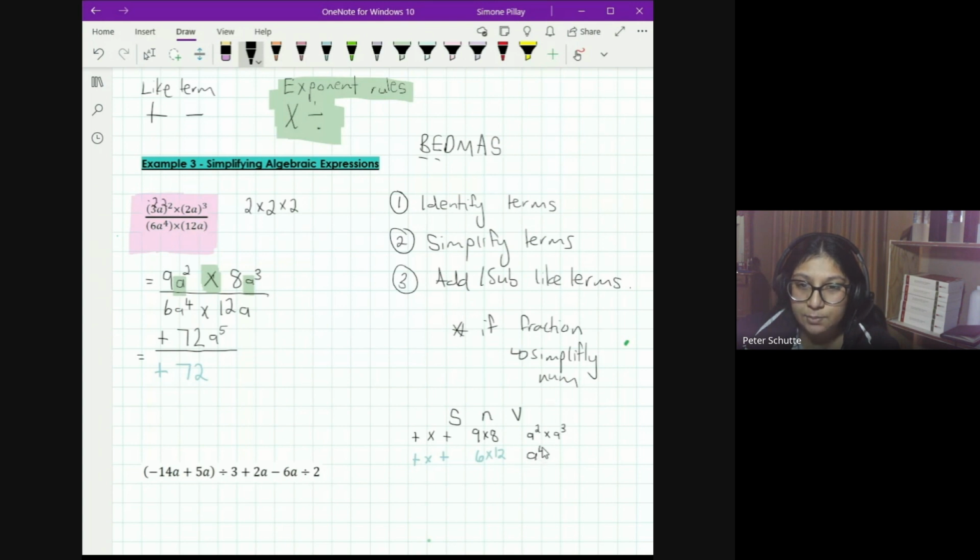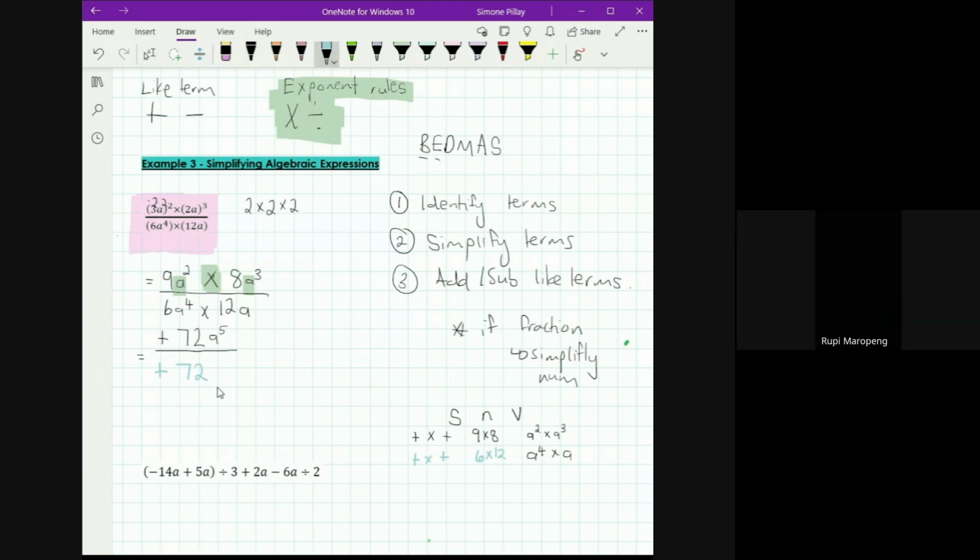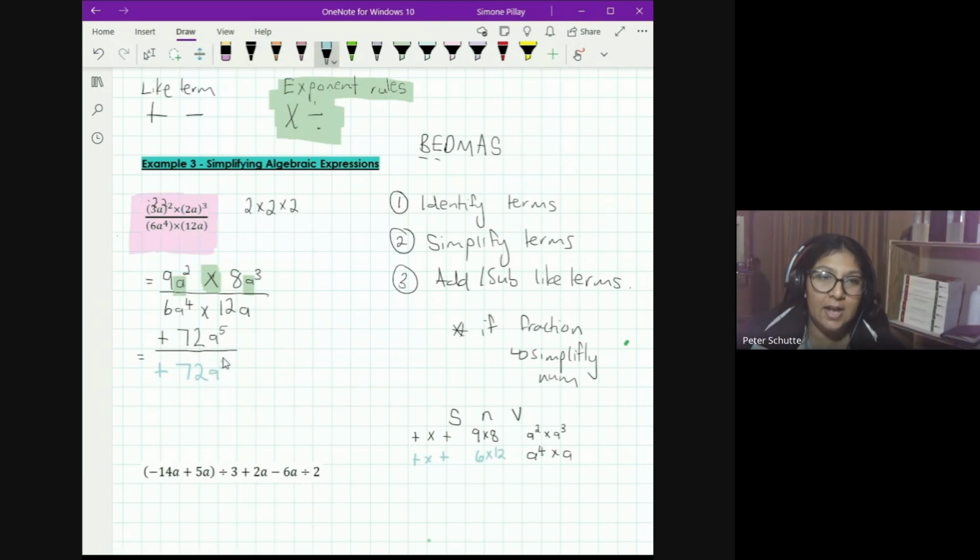And then we have a to the power of 4 times a. If I apply exponent rules there, what do I get? A to the power of 5. And now if I simplify this all together, what will my answer be? 72a to the power of 5 divided by 72a to the power of 5. 1.